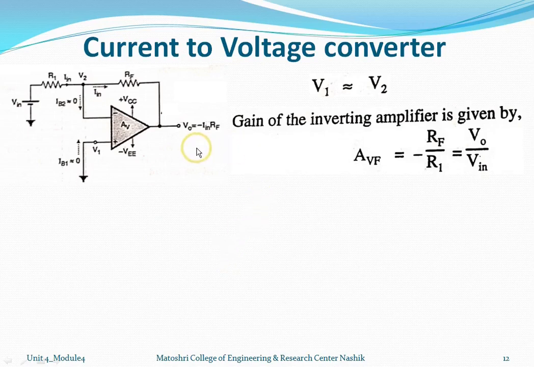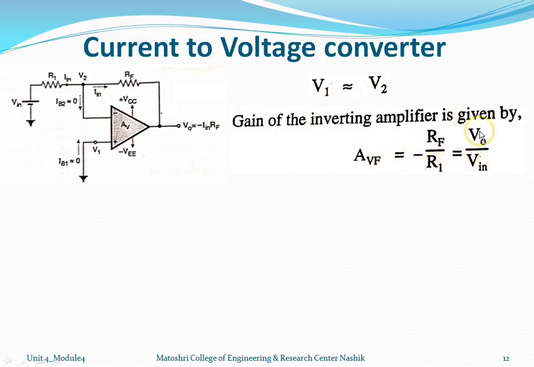But this is the inverting amplifier, and we know the gain of this inverting amplifier AVF is equal to minus RF by R1, and the alternate formula for gain is the output voltage divided by input voltage.